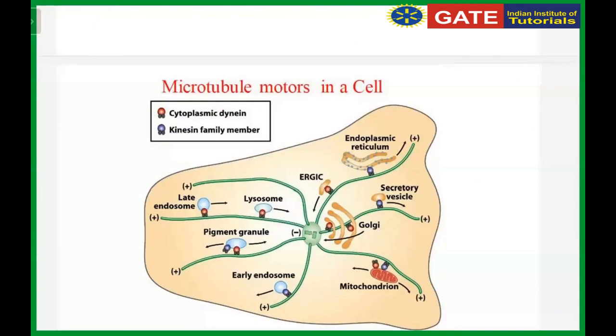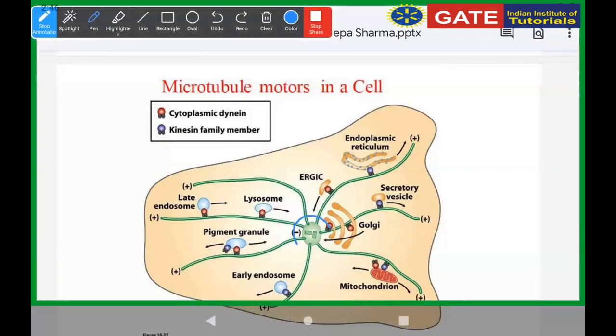Ma'am, is this green Easter egg kind of thing in the center the nucleus? Because I can't see. What is that green thing in the center? It is the centrosome, because the centrosome has the ability to synthesize the cytoskeletal elements.